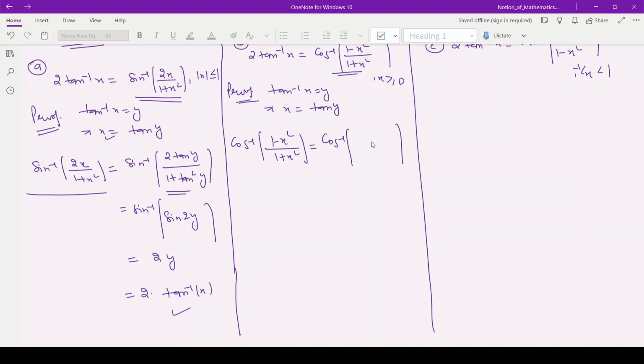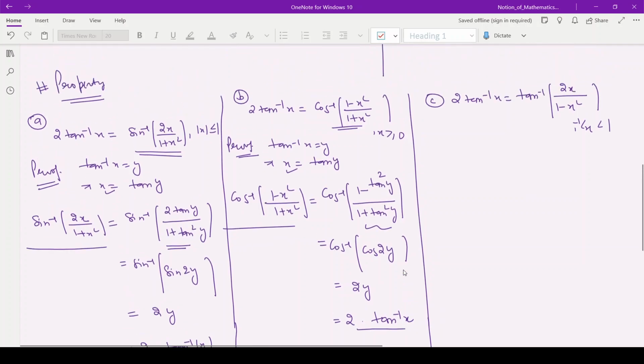Taking x as tan y, it is cos inverse of (1 minus tan square y) upon (1 plus tan square y), and we know this formula is equal to cosine of 2y, that is twice y, meaning twice tan inverse x. So this particular property is also proved.